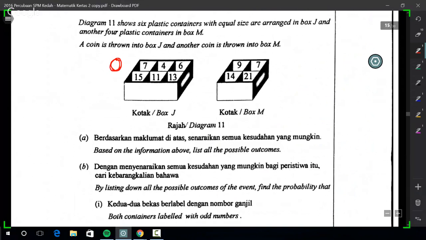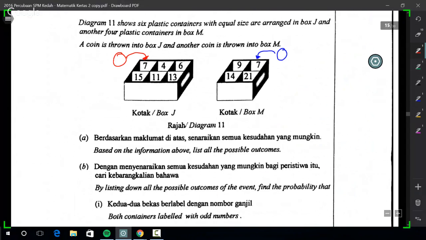This coin is going to be thrown in here, and I have another coin, which I will throw in here. Of course, it's not necessarily touching 7. If I draw like this, you might think it will go into 7. It will go into here, and the other coin will go into here.